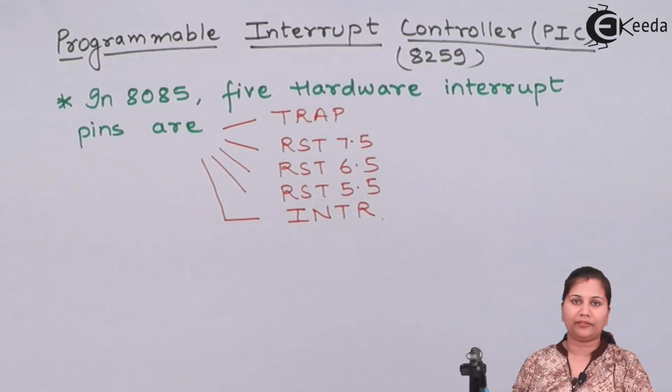So these are the 5 hardware interrupts in the 8085 microprocessor.